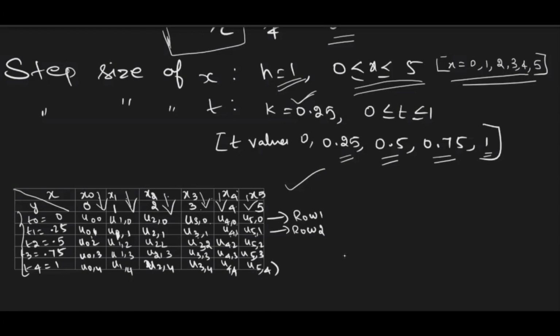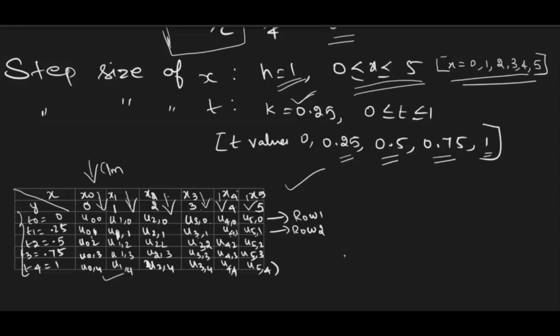Similarly, row 3, U0,2, U1,2, U2,2, U3,2, U4,2, U5,2. And when you see the last two rows, it's the same thing. So here this is column wise we are writing and this second value we are writing row wise. So these table values we have to find and substitute.